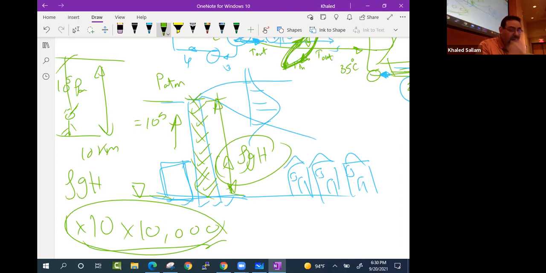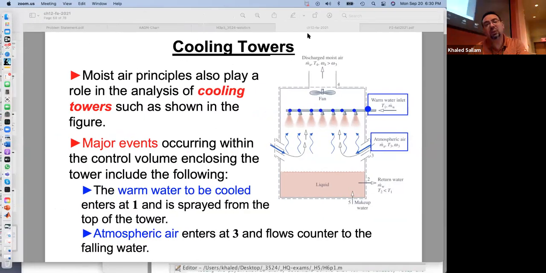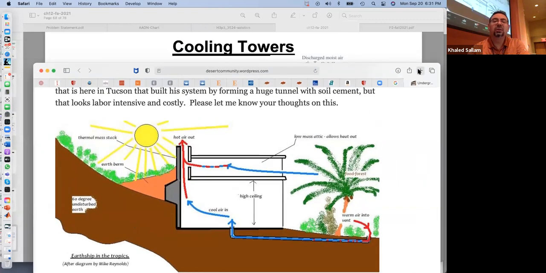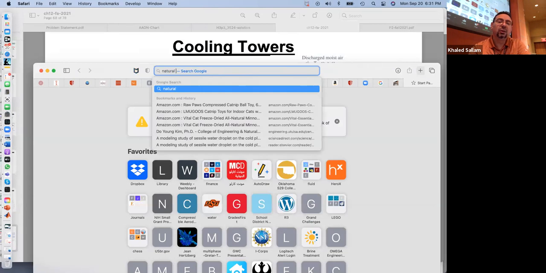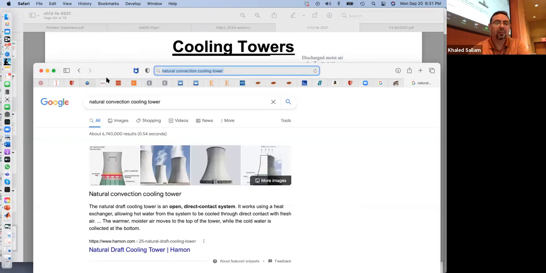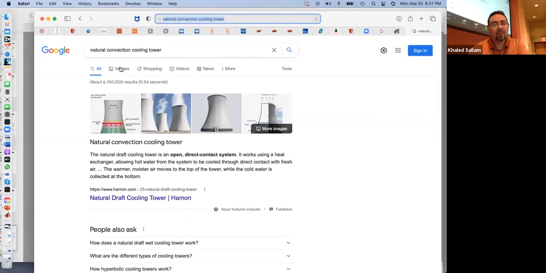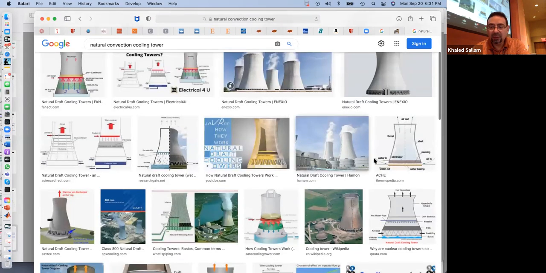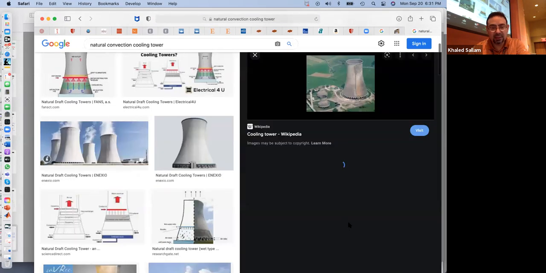That's why if you look at natural draft or natural convection cooling towers, you will see that they are huge. We need a scale, I mean, like this.